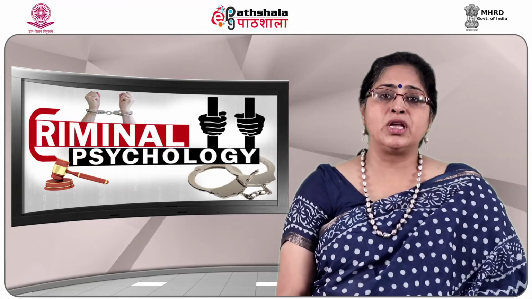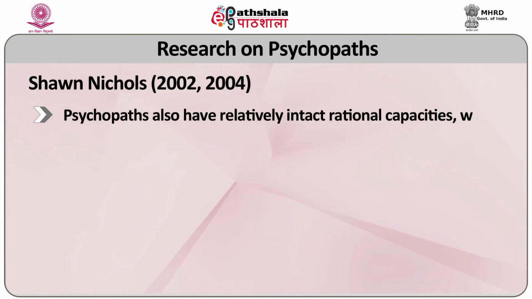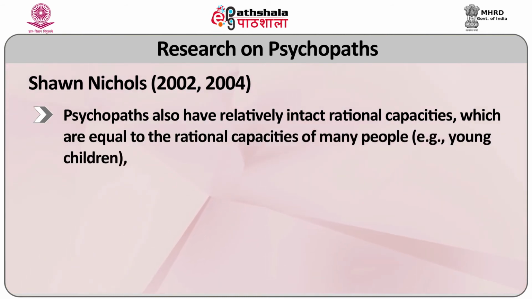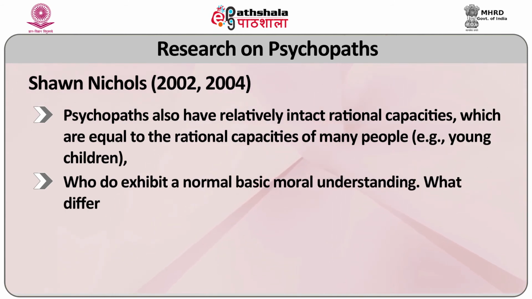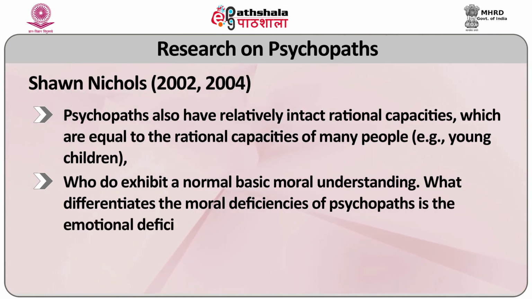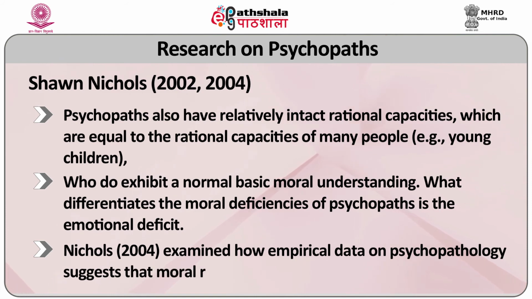Another researcher, Shaun Nichols, in 2002, argued that psychopaths also have relatively intact rational capacities, which are equal to the rational capacities of many people, for example young children who do exhibit a normal basic moral understanding. What differentiates the moral deficiencies of psychopaths is the emotional deficit. Nichols in 2004 examined how empirical data on psychopathology suggests that moral rationalism is false.